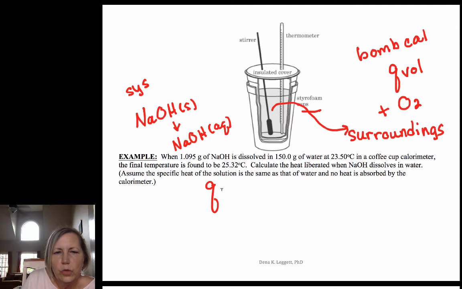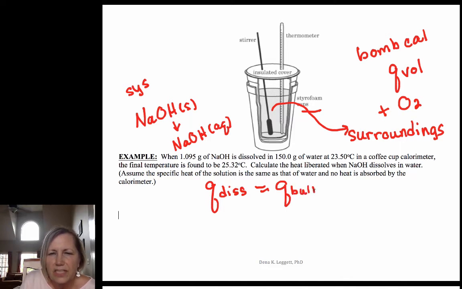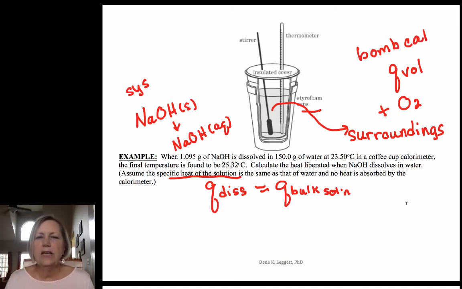So Q of my dissolving process is going to be equal in magnitude but opposite in sign of Q of, I just call it bulk solution, to separate it from that point of bond breaking, bond forming. You know for sure that you're dealing with the solution because it says, assume that the heat capacity of the solution is the same as that of water.